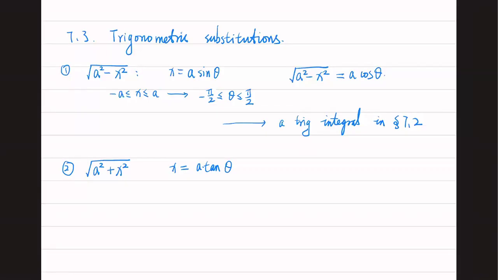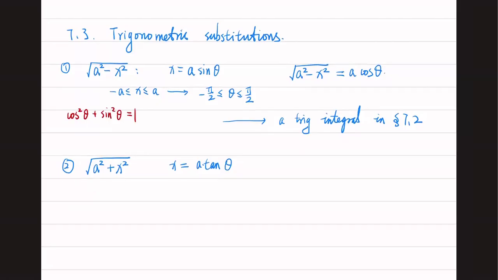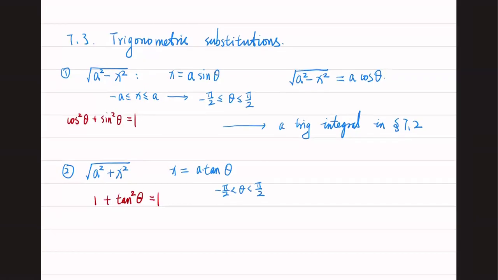For the first one, the trig identity we have is cosine squared. For this one, the trig identity we have is the range of the square root.